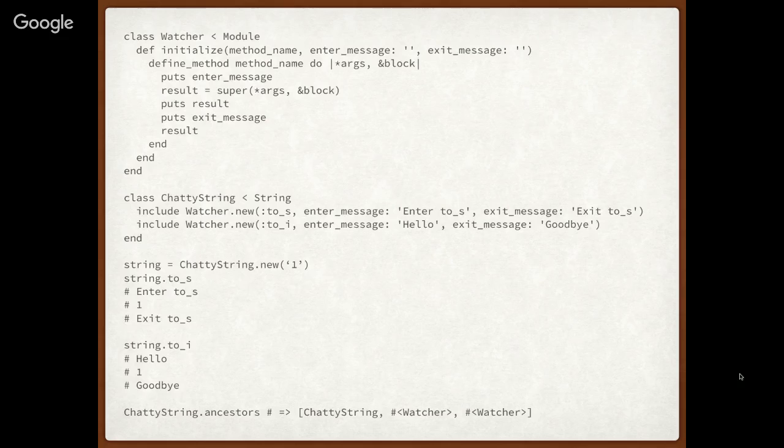It represents basically whatever's in the block that you pass a method. Like if I wanted to call or yield, I can't remember exactly, the block, then I could do something with it, right?